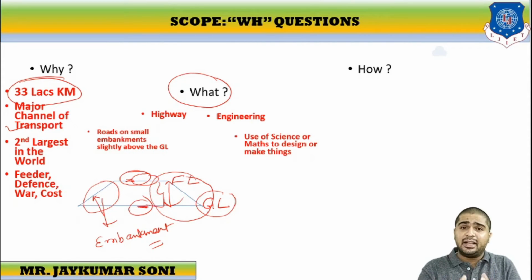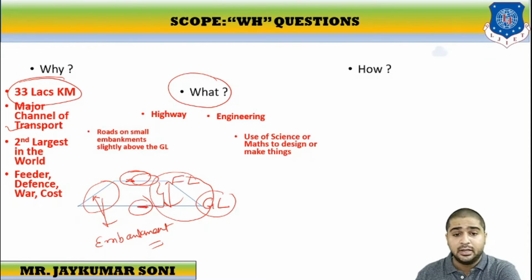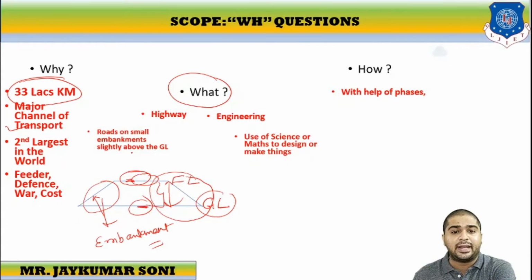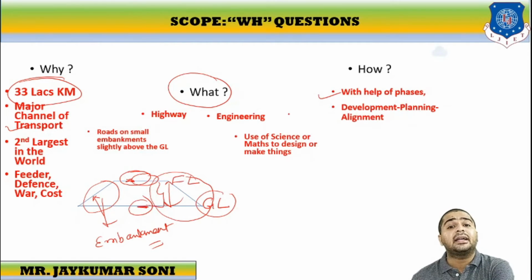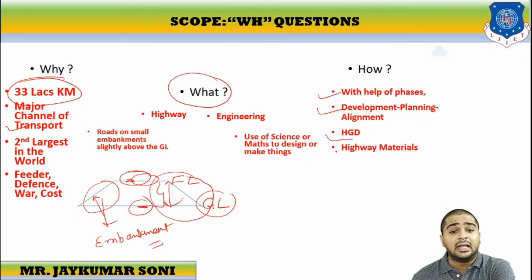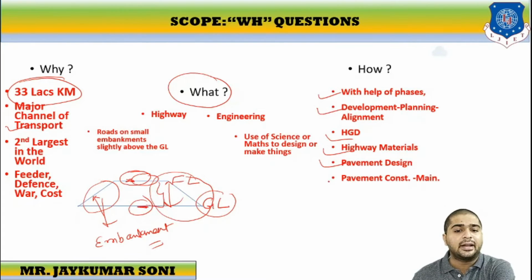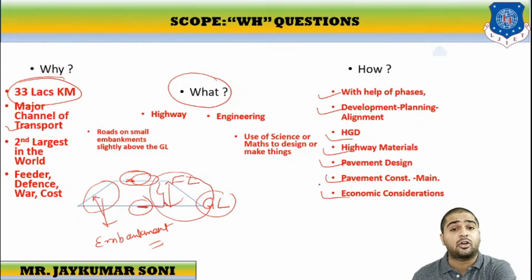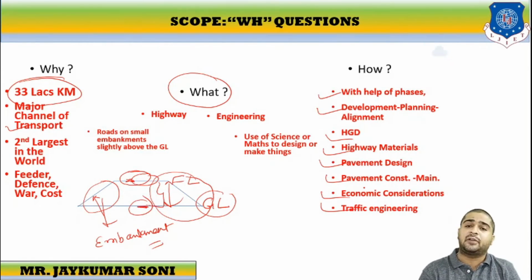You can learn the concepts of highway engineering through various aspects, such as by developing the knowledge of highway planning and alignment, by learning certain aspects of highway geometric design, by learning highway materials, pavement design, pavement construction and maintenance, consideration of certain economic criteria, and learning aspects of traffic.